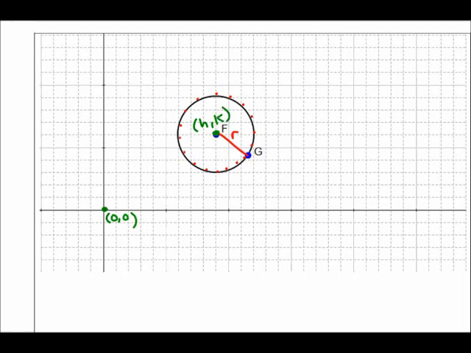So HK is my center. This point G is just some point on my circle. So I'm going to label that as x1, comma y1. And this can be just any point.